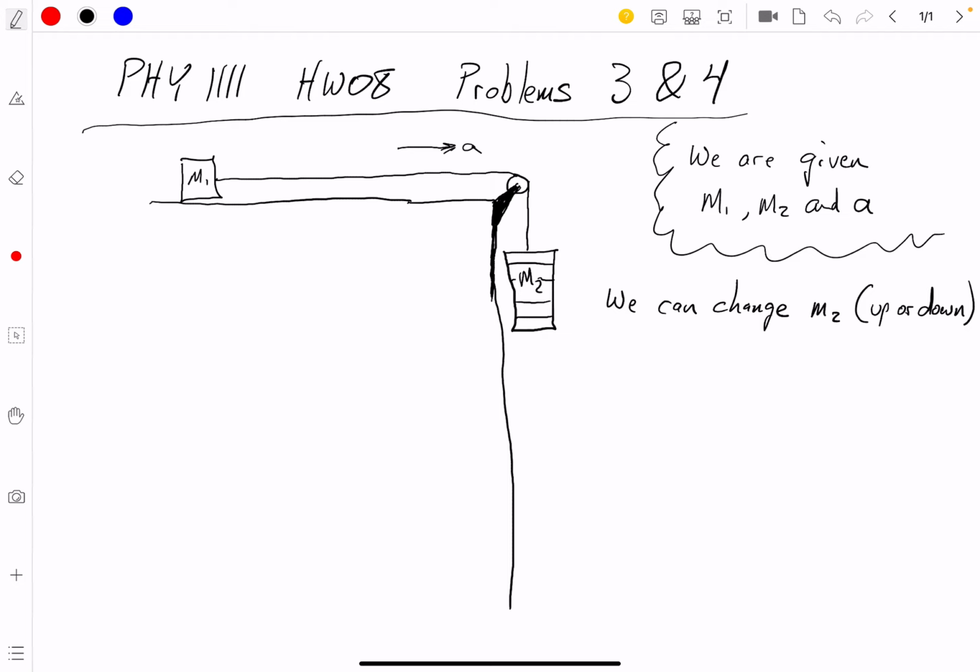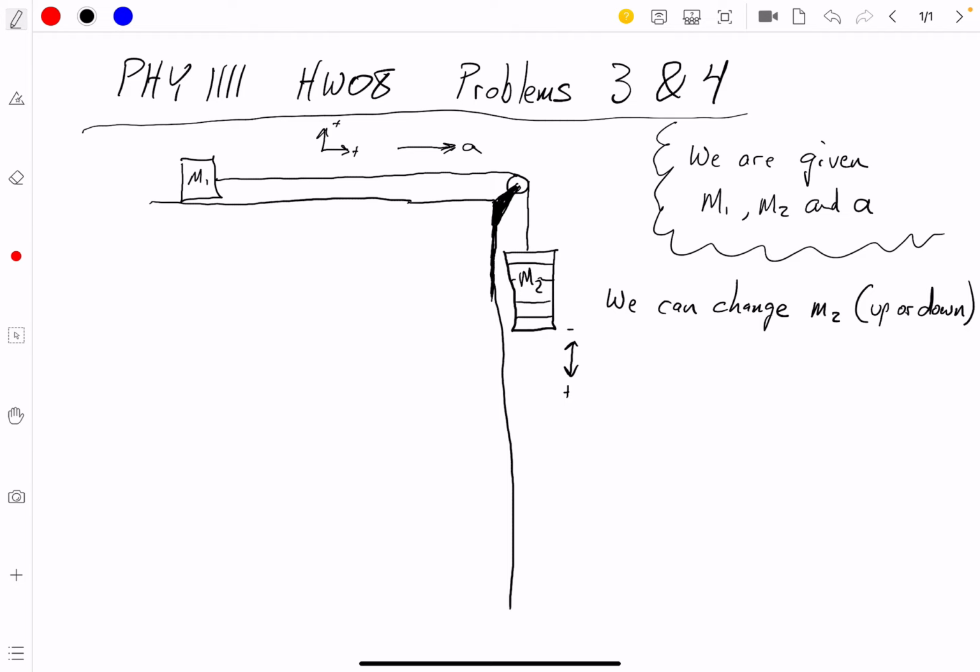The driving force is going to be gravity. So on M2, I'm going to make that positive. So I'm going to just say positive here, positive up there. And over on M2, I'm going to say that down is positive and up is negative.